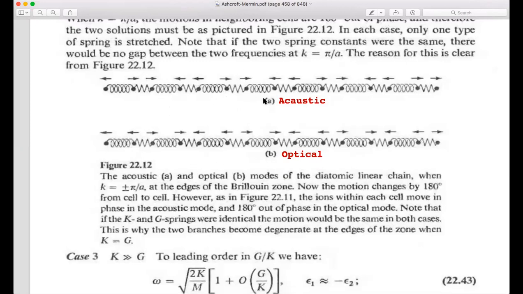And for the acoustic branch, what we said is that when k is equal to pi over a, you pick up a phase of -1. So whatever this cell does, this cell would be out of phase. So when these two move this way, these two would move that way, and so on.